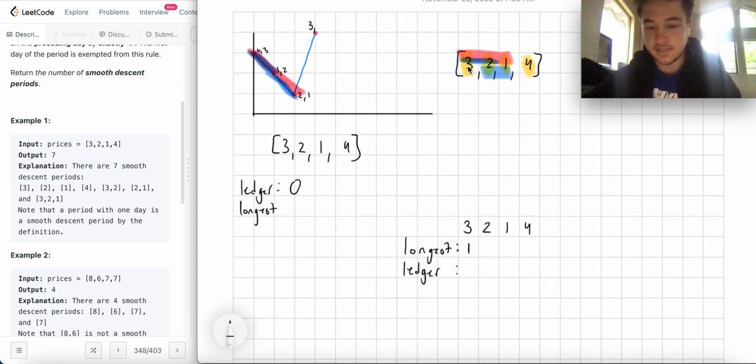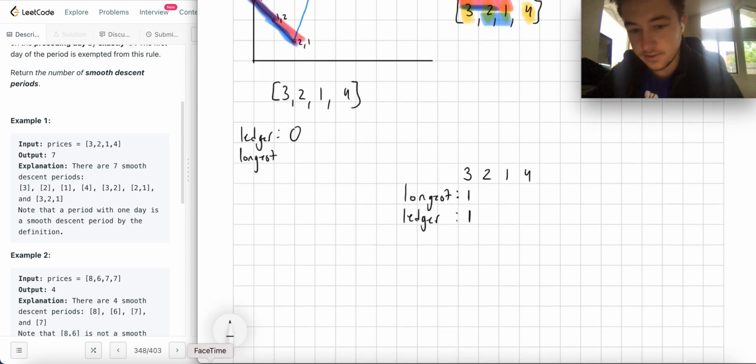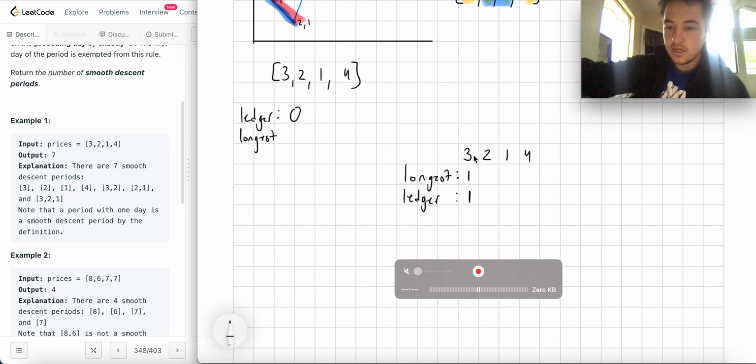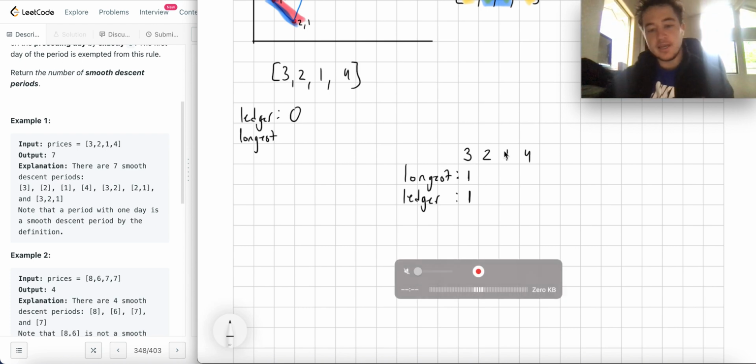Because 3 itself is just a 1-day stock descent. When we look at 2, well, 2 is 1 less than 3. So that means that the longest stock descent period we've seen so far is of length 2. When we look at 1, it's 1 less than the previous day, and the previous day has length 2.